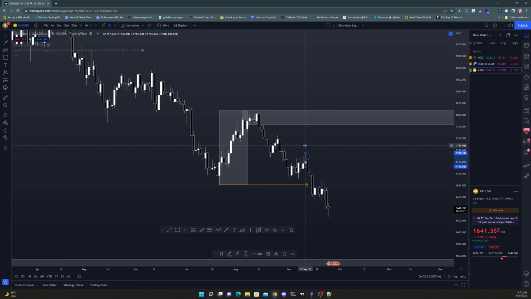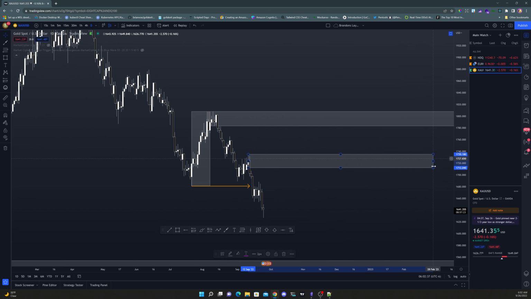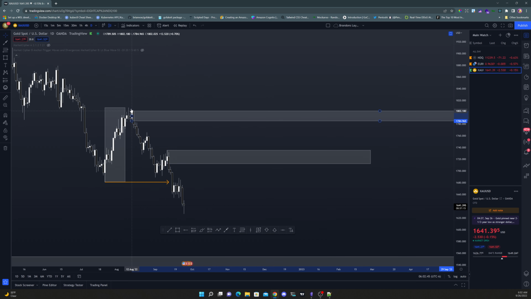Came from here. You could refine that, but it ultimately broke all the way. I mean, it validated this MB. So you could actually say that, but we're going to continue to leave this because I like this zone better.